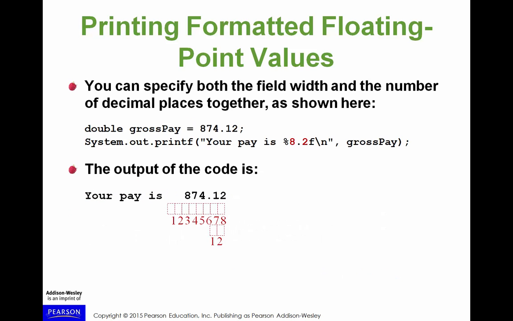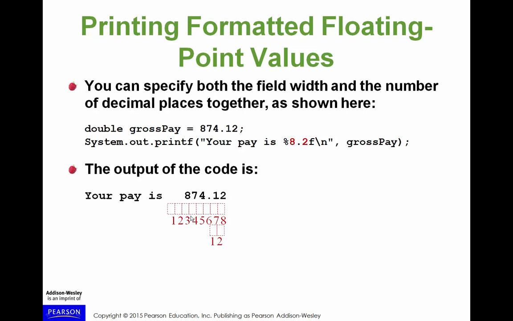Additionally, in floating point numbers, since you have numbers before and after the decimal point, you can use this type of structure in your format string to specify that you want 8 spaces allowed for the entire number, but you want 2 of those spaces to be reserved for the digits to the right of the decimal point. And that looks like this.